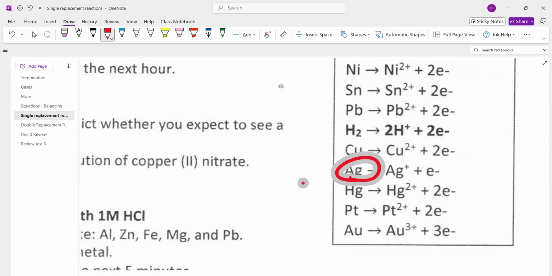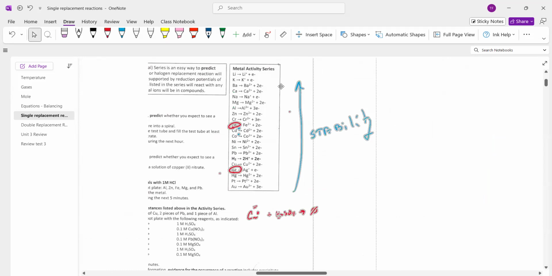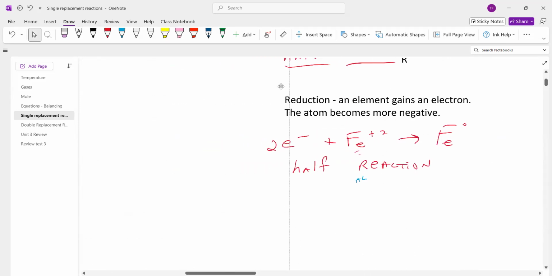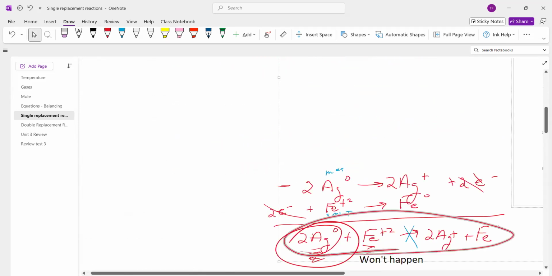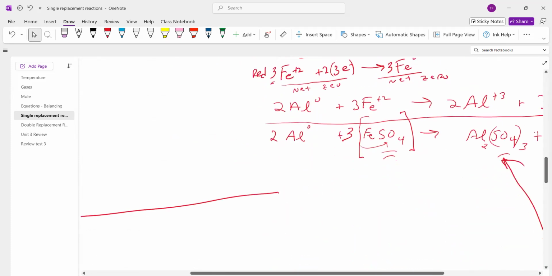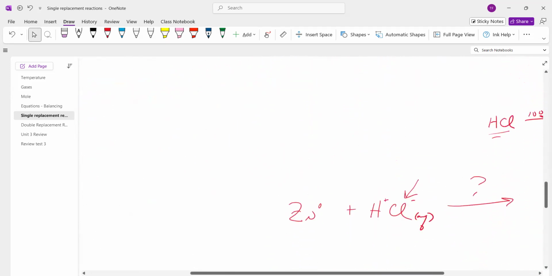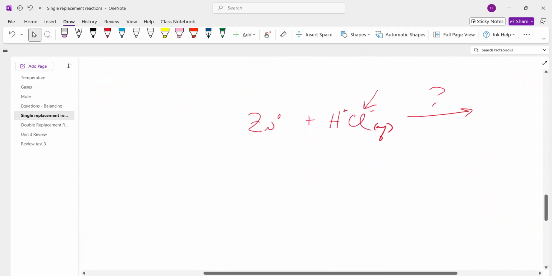So where is zinc in relation to H2? It's above, right? So is this reaction going to happen? Yeah, here it is. This is going to happen.